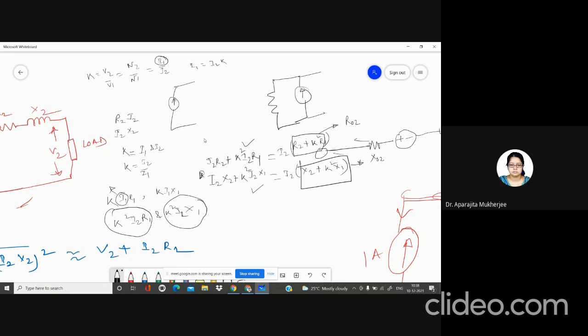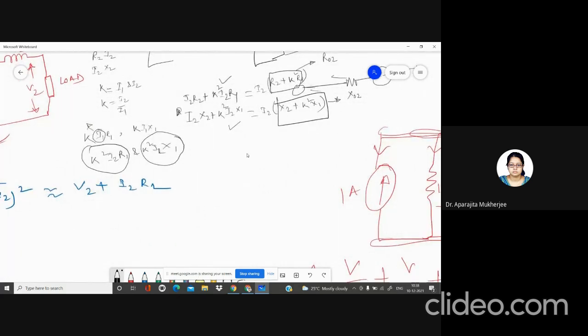হ্যাঁ ম্যাম। ওকে, now this will be the case for refer to primary. Now if we convert it refer to secondary, then what we will do, that means x r1 will be there, and we have to transfer the secondary into primary. So we can write in this way, that is for the total resistive drop, if it is referred to primary side, then we can write it will be I1 R1 plus I1 R2 by k square.